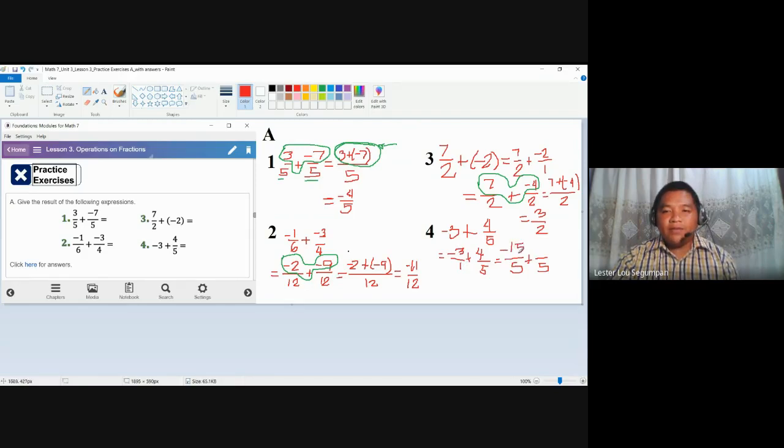So you have negative 15 and then 4. And then we simply add them because they are now similar with denominator 5. We are going to operate the numerator only. So you have negative 15 plus 4, which gives negative 11 over 5.